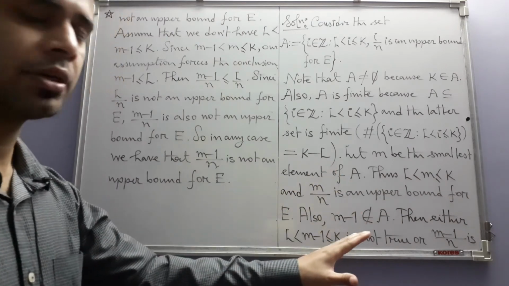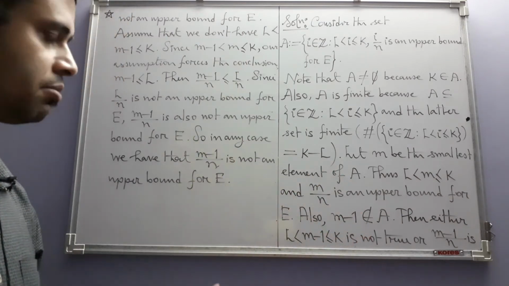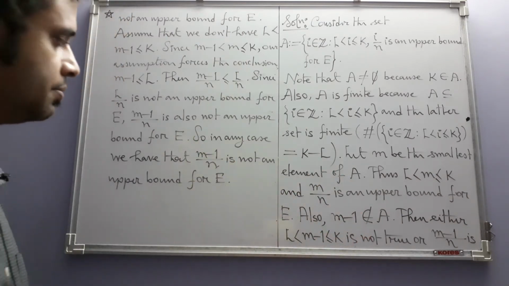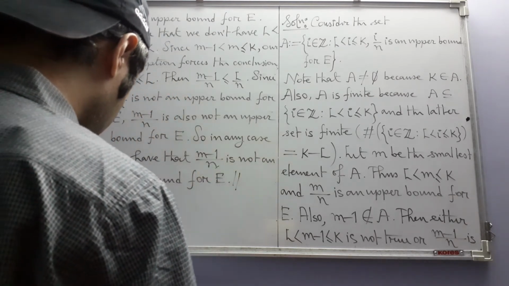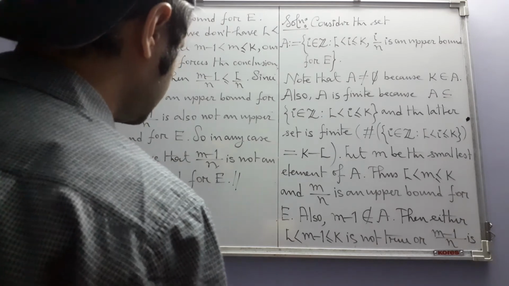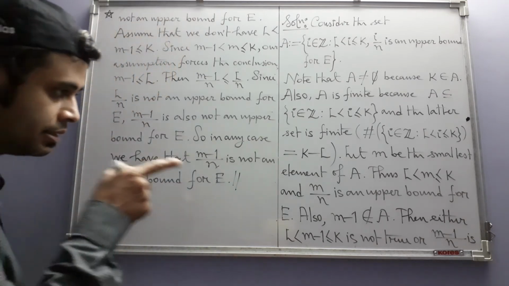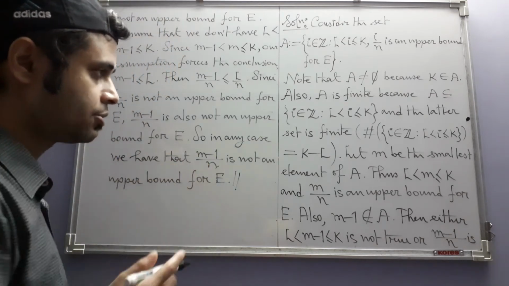M by N is an upper bound for E and M minus 1 by N is not an upper bound for E. In the next exercise, we have to prove that this M is actually unique.